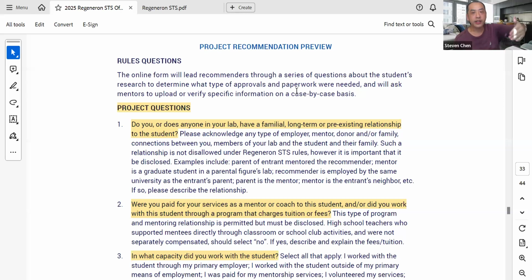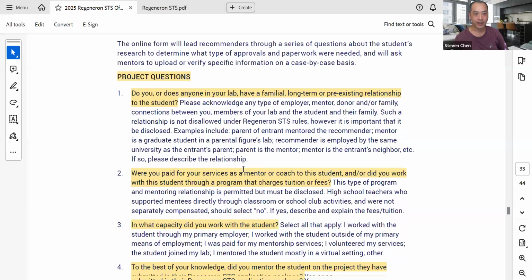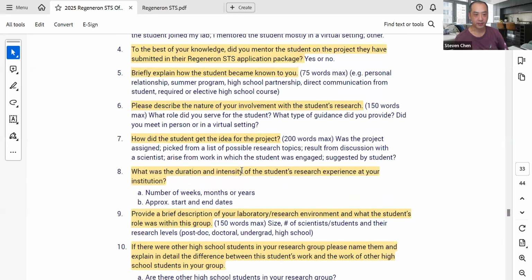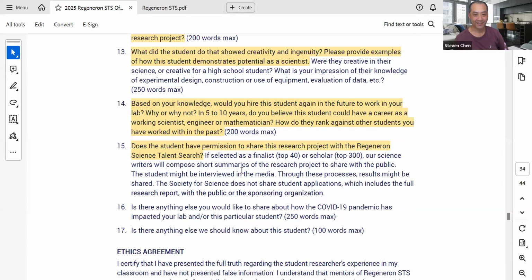So once you send an invitation to, say, your mentor called XYZ, XYZ will need to respond to all these questions. Let's first count how many questions your recommender needs to respond to. Wow. 17 questions, right? That's crazy. So you see the word count.